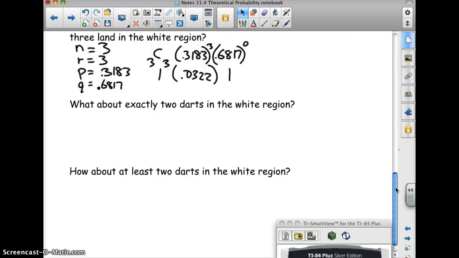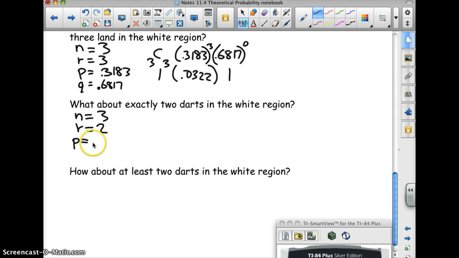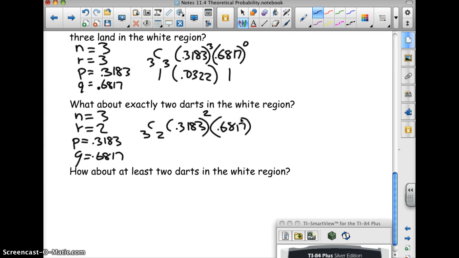What about exactly 2 darts in the white region? I'm doing 3 tries. I want exactly 2. Probability that I get that is 0.3183. Probability I don't is 0.6817. So that's going to be 3C2, 0.3183. I want that twice, 2 in the white region, and the probability it lands in the shaded region is 0.6817, and I want that to happen 1 time.